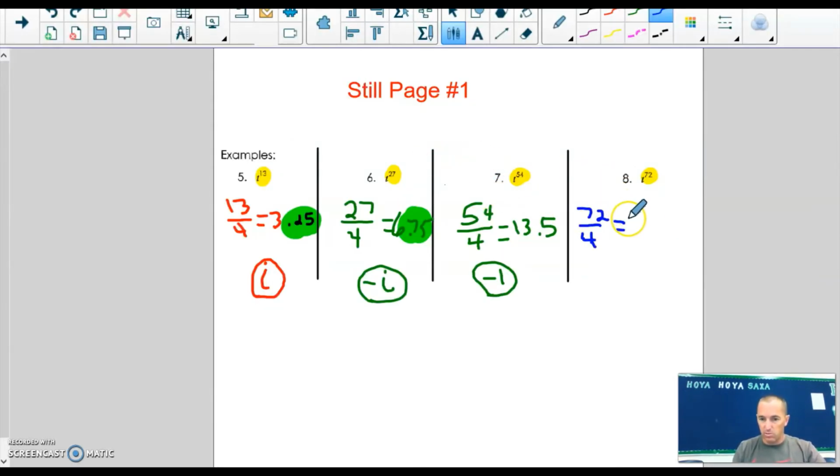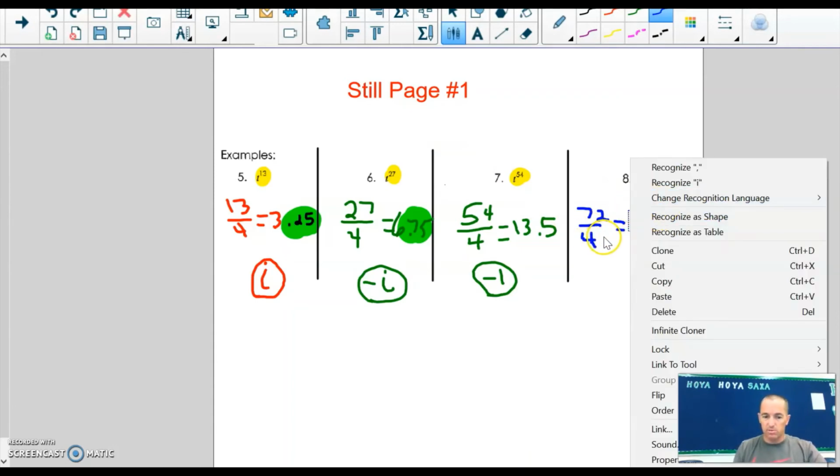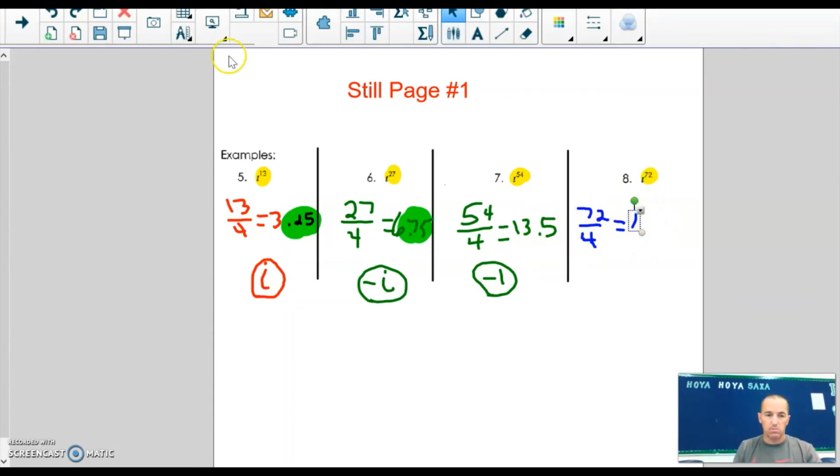So that's basically 18.0. The 0.0 is what we're looking for.